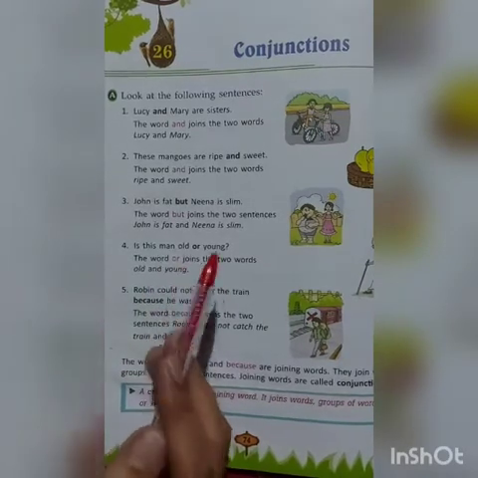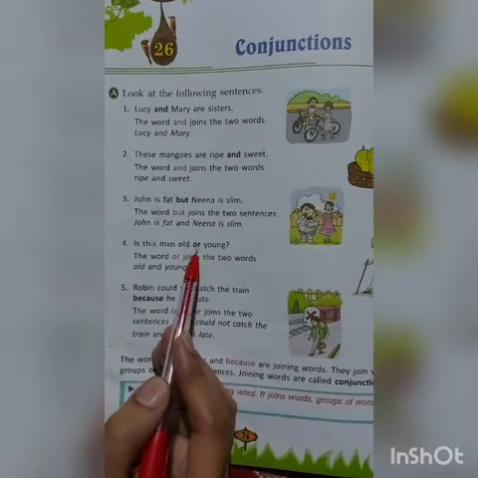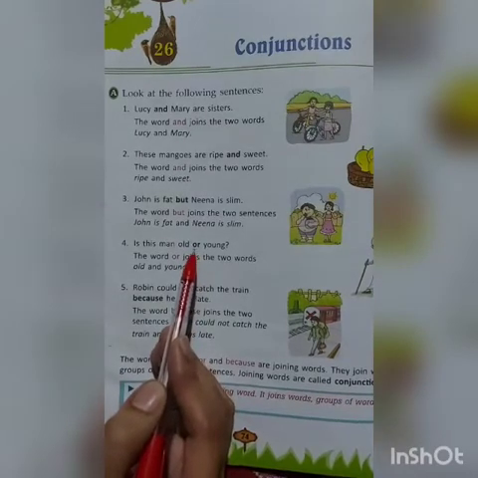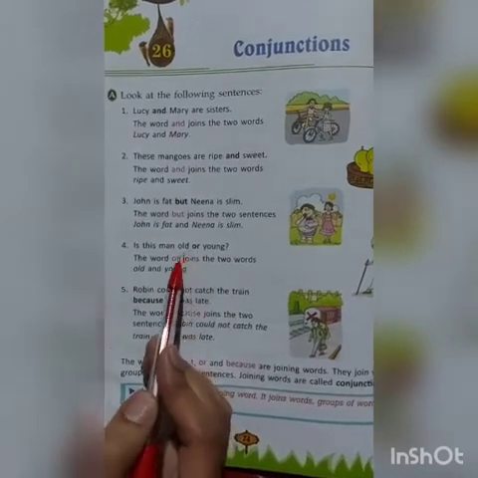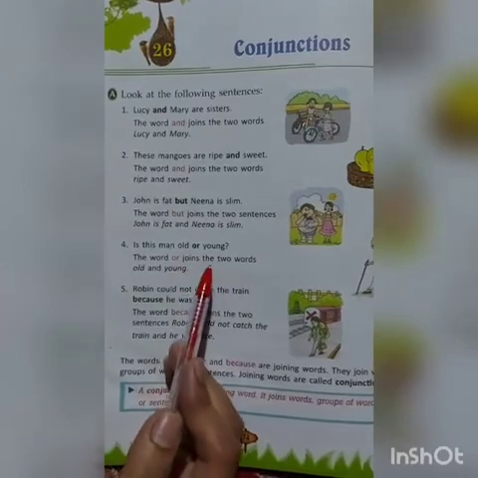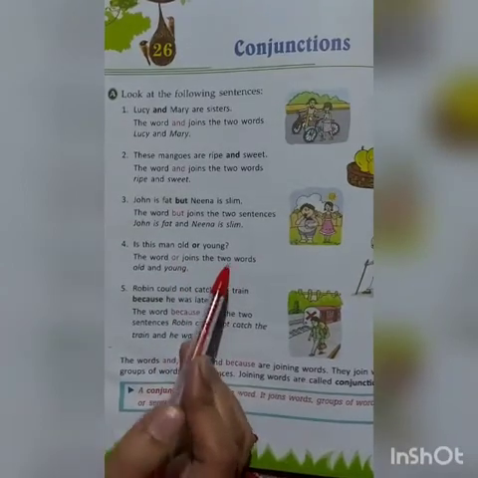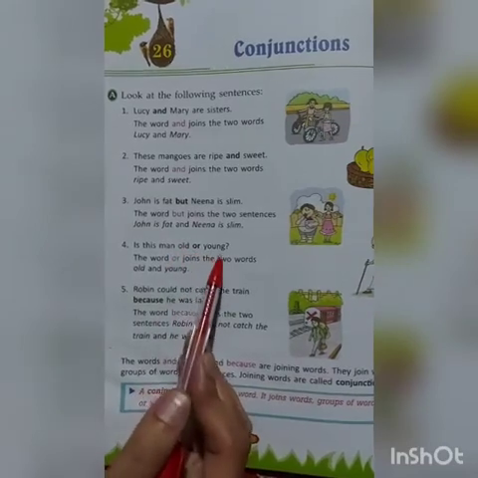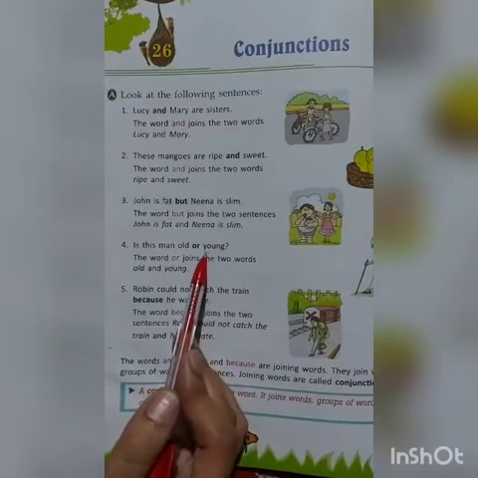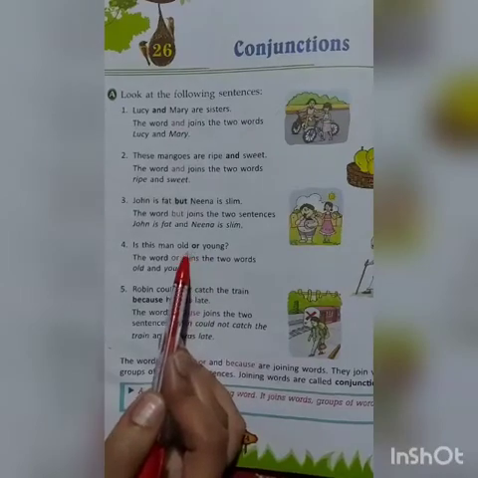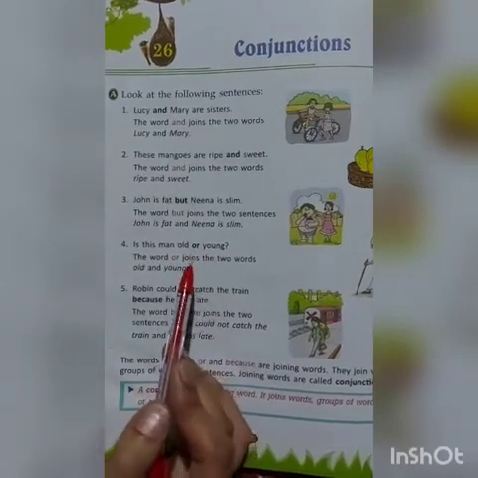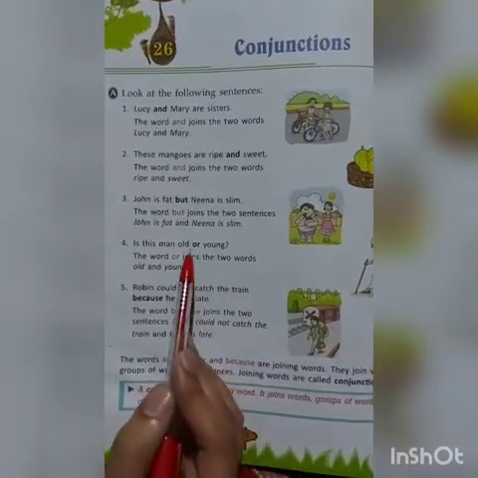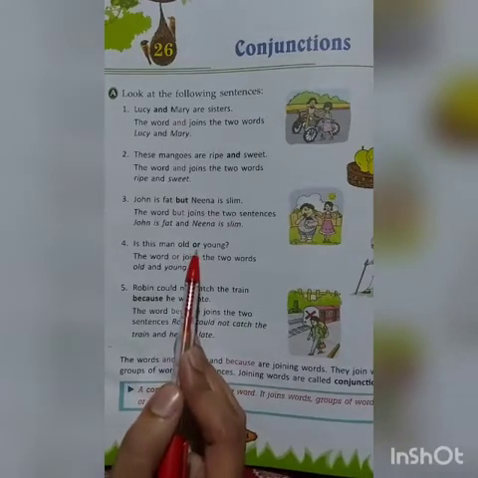So children, the word or is used to join words or sentences that offer a choice. Okay? So here you have a choice, old or young. So, to join words or sentences that offer a choice, we use or.